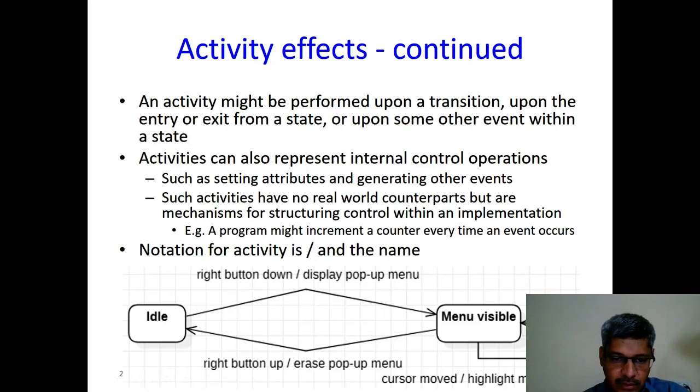Okay, but when you display that one, the activity happening here is, when the right button is down on the mouse, it will display this pop-up menu. Okay, so you are still holding it, so the menu is actually visible. So basically when the right button is down, you are displaying the pop-up menu.